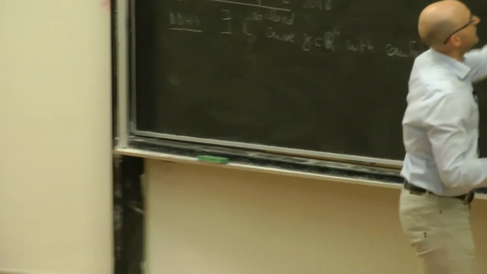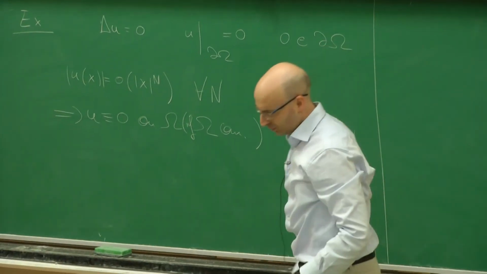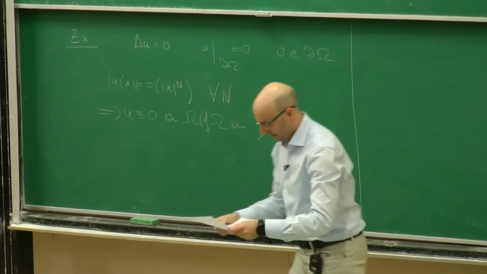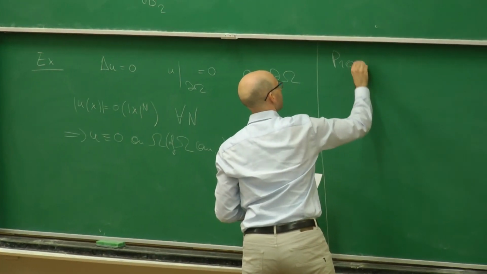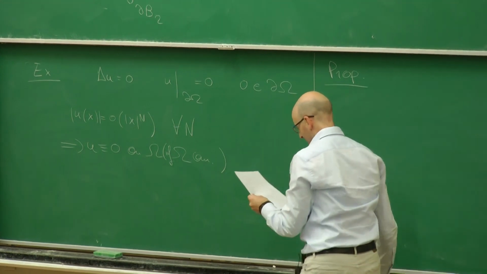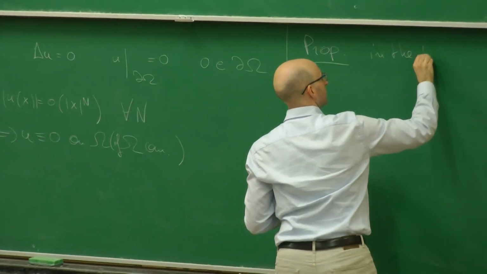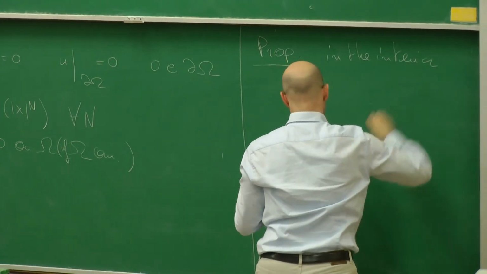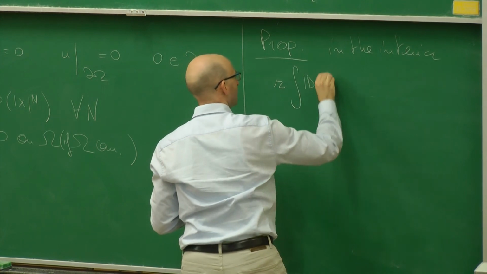But what would actually be the analog of Almgren's computation? Well, the analog of Almgren's computation is the following. So first of all, you have a proposition that in the interior, the following family of frequency functions are actually monotone.